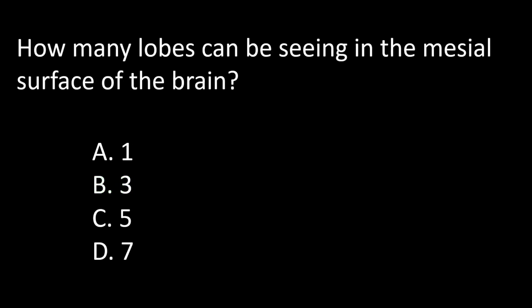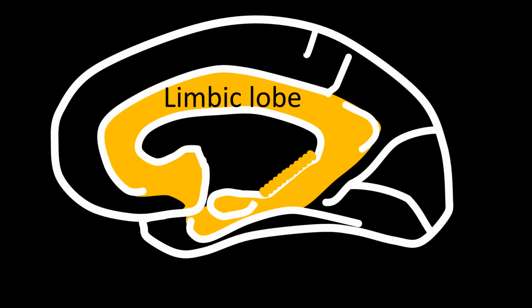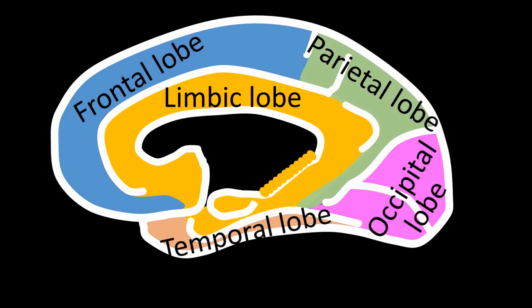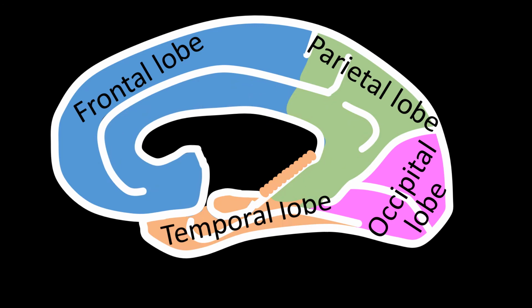Next question. How many lobes can be seen in the mesial surface of the brain? Counting the limbic lobe in the mesial aspect of the brain, we can see 5 lobes. Not counting the limbic lobe, that is incorporating it into the other lobes, we obviously have 4 lobes.